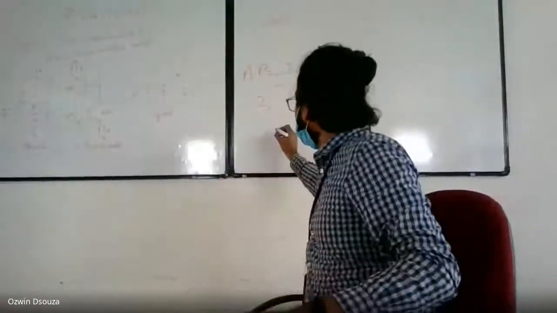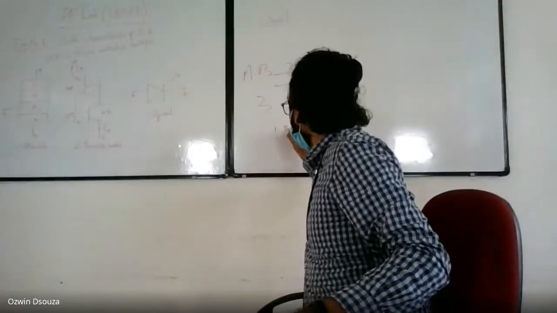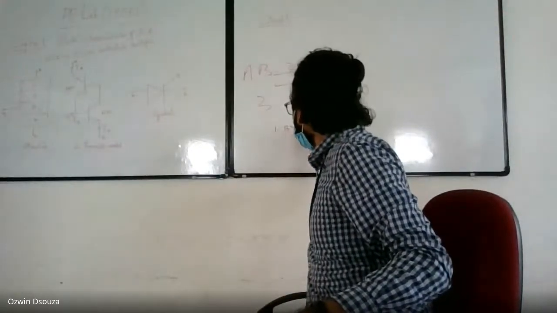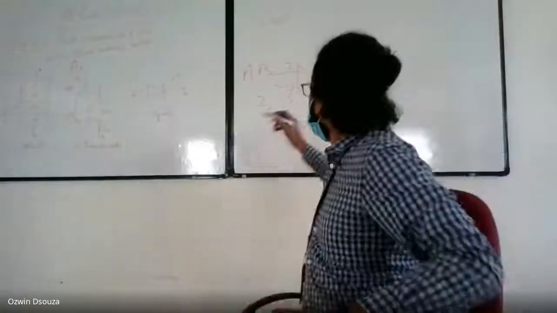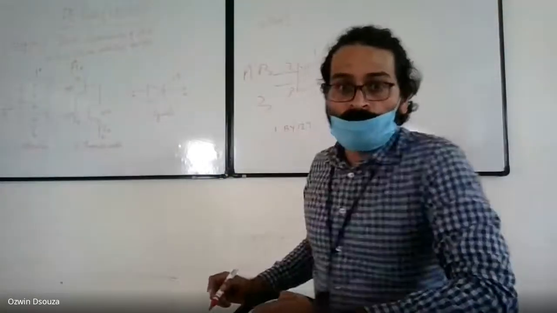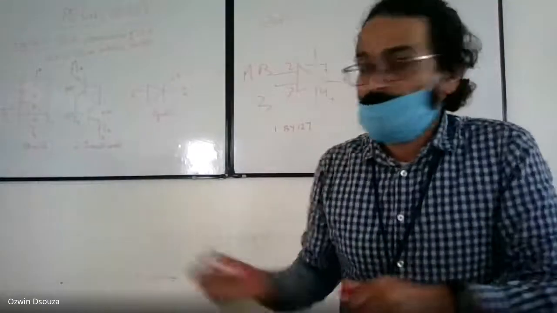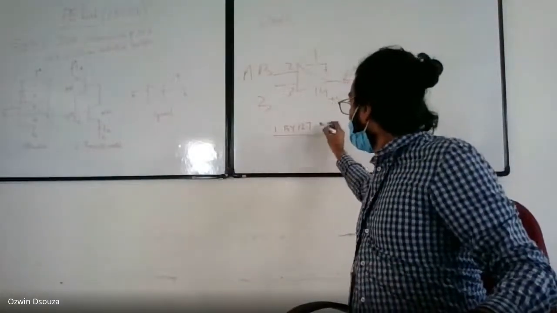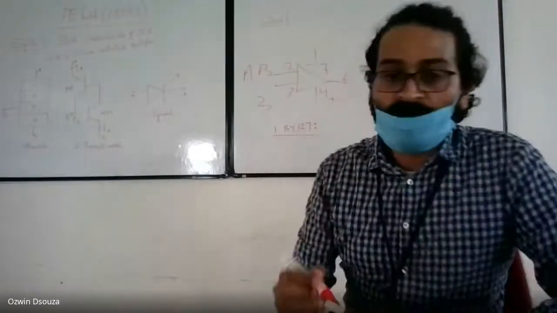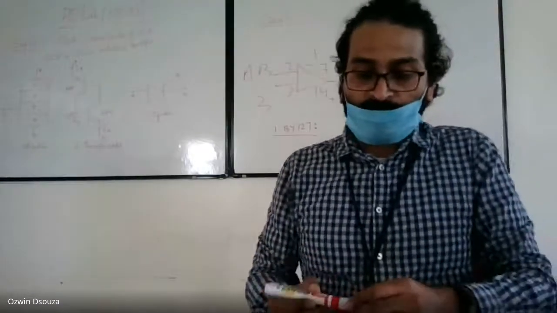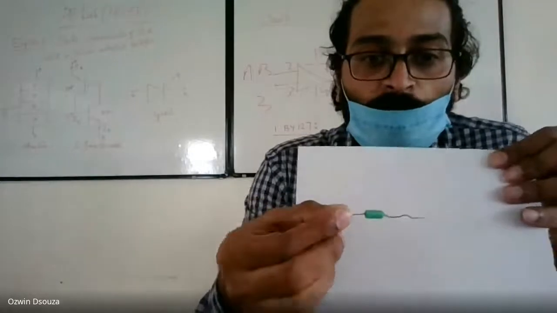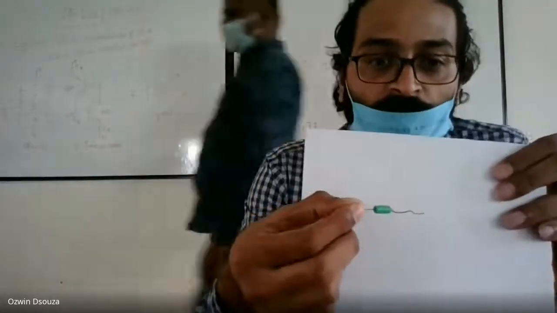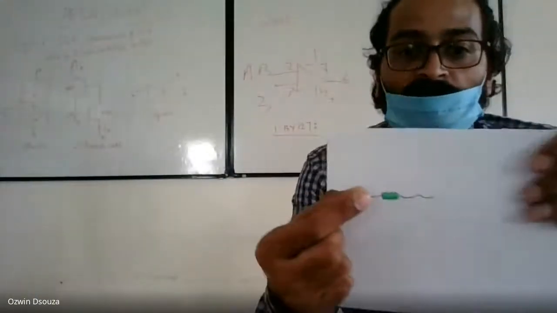So this diode series is BY127. Okay, not able to see. Okay, yeah, here it is. Here I have written the diode series is BY127. All right. This particular diode will have two ends, one the cathode and the other the anode.